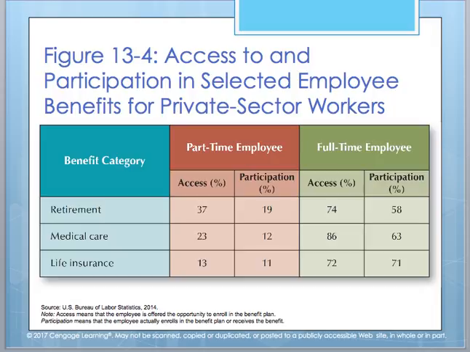Additionally, when you look at the full-time employees, now look how the percentages go up, right? You have full-time employees who now have access at 74% and 58% participate. So more than half of them actually participate. The thing is that it could be based on age.